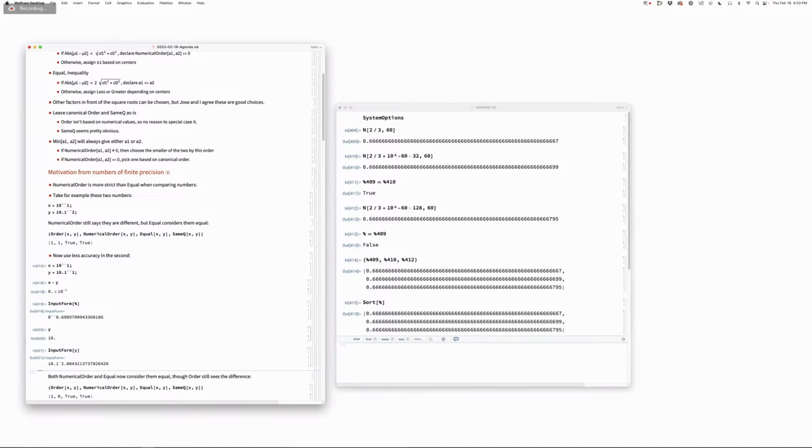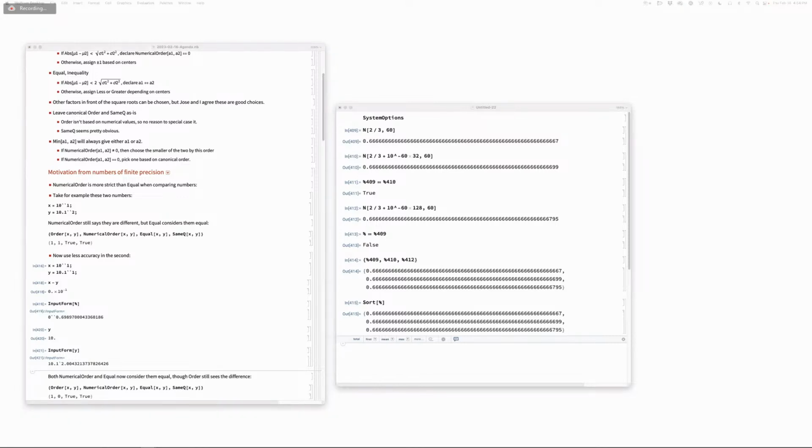If we want to have numerical order with no tolerance, that's also fine with me. The thing is to have some sort of choice of the levels of tolerance that we want for these functions. Part of the question is what do we do about Min?